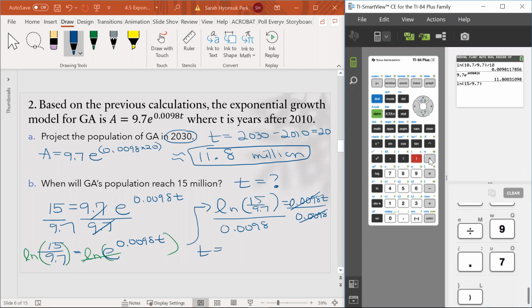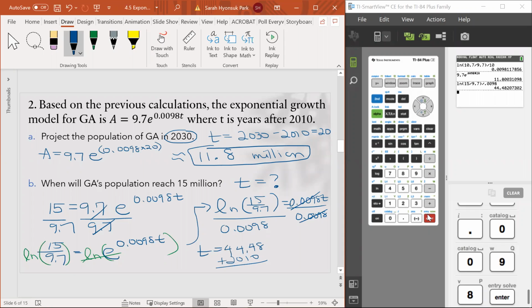Ln of 15 over 9.7 divided by 0.0098, giving us 44.48-ish. So that is the number of years it'll take after 2010. So I'm going to add that to 2010.